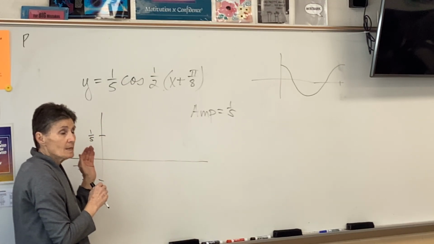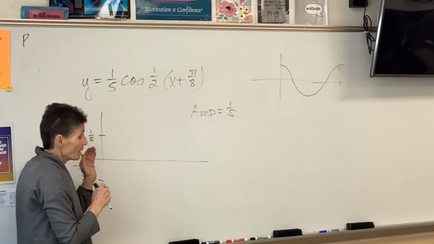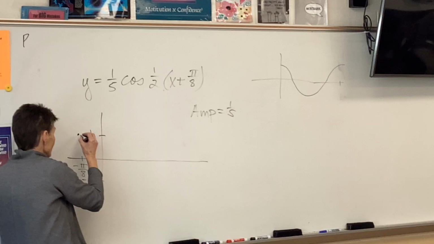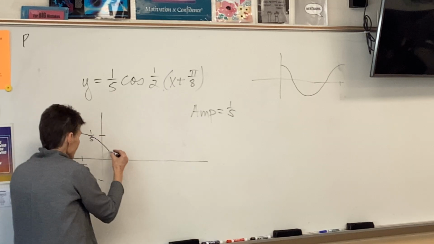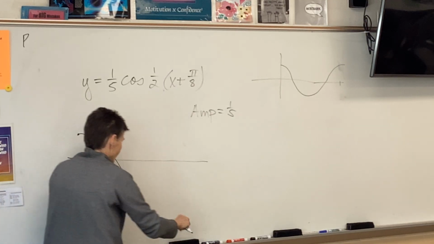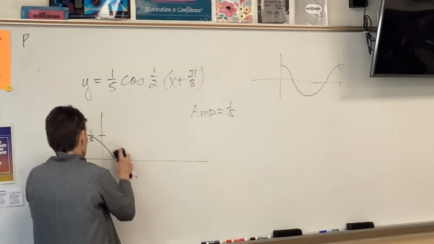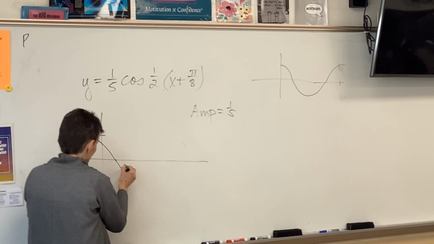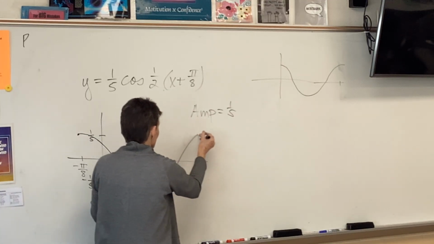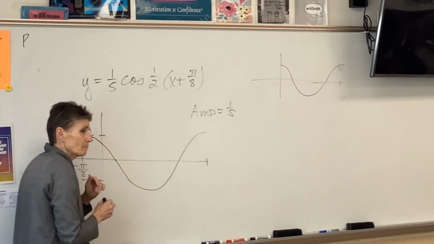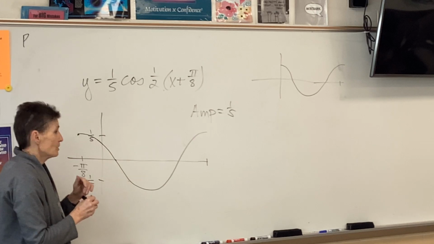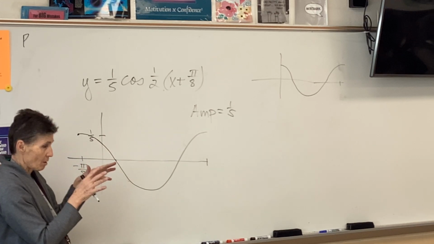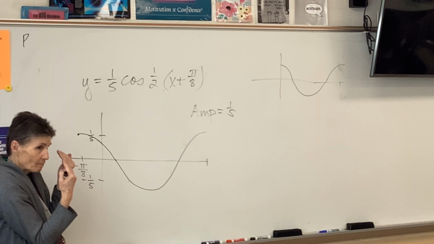All right? Now, I can go ahead, I need to do this carefully. There's my hill. My valley. Yep. So I have the exact same shape that I had before, just moved over.